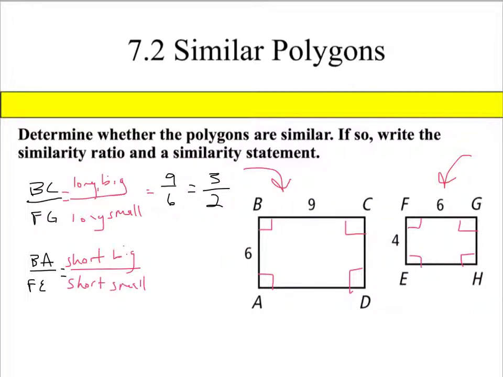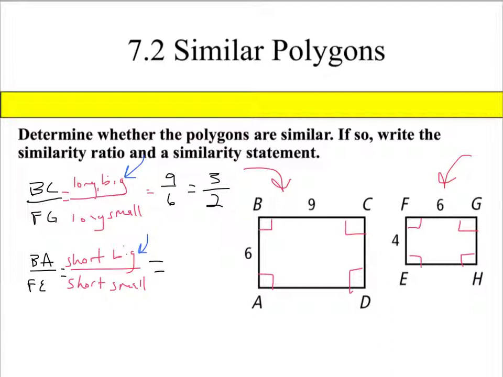Notice I always put the big over the small. You can put big rectangle over the small rectangle, or small over big, it doesn't matter as long as you do it for each and every ratio. Notice on this first one, I put the big rectangle on top. Second one, I put the big rectangle on top, and I needed to keep that same ratio.